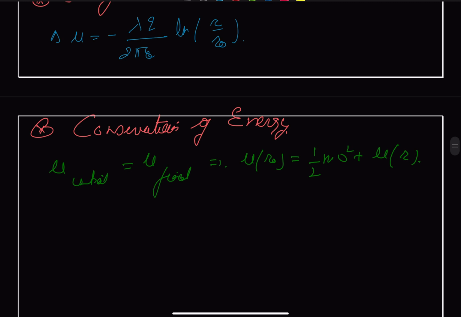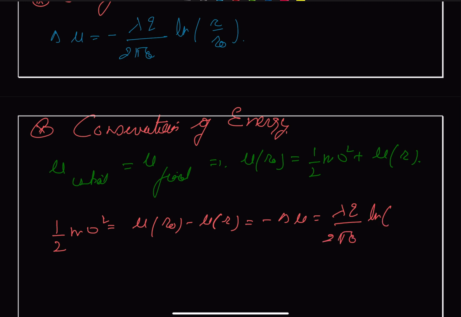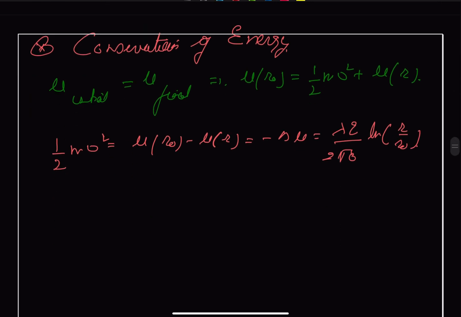So we can write that half m v square will be equal to U of r naught minus U of r, which is minus delta U, which we just found. Minus minus becomes plus. So this comes as lambda Q upon 2 pi epsilon naught natural log of r upon r naught. This gives us the velocity equation.